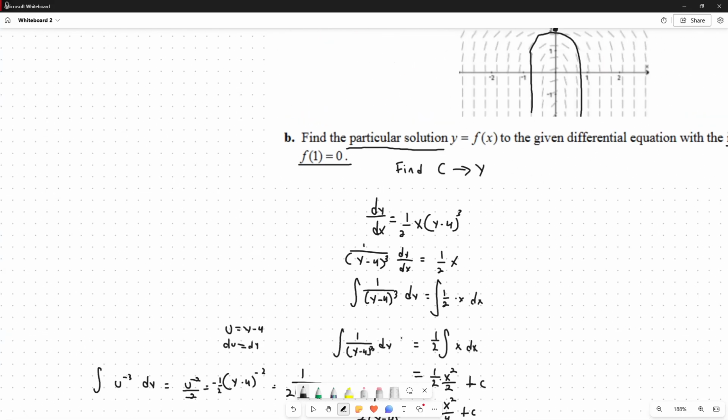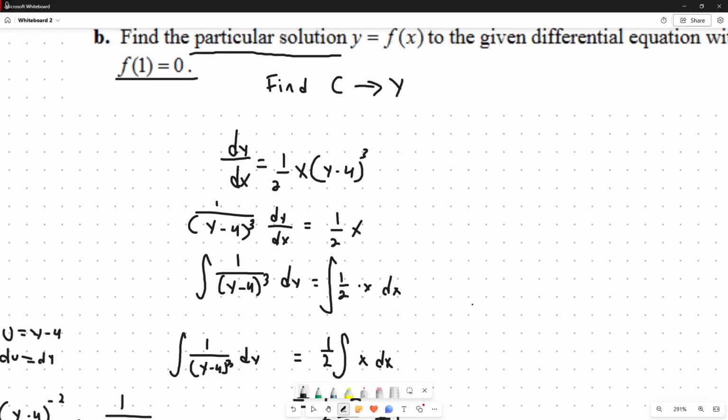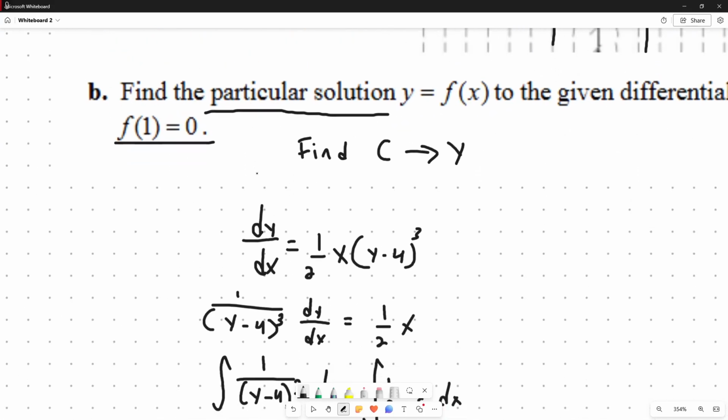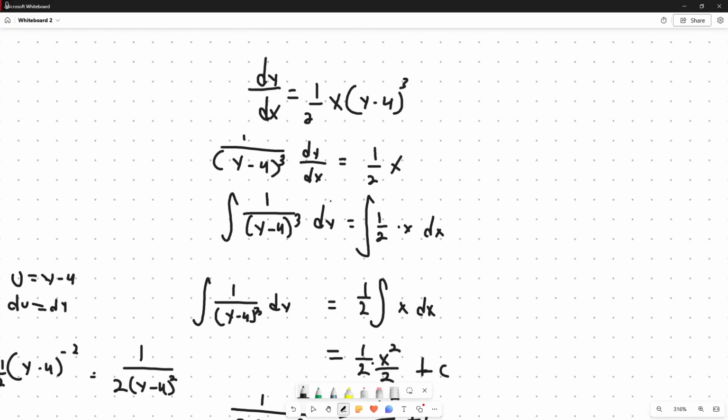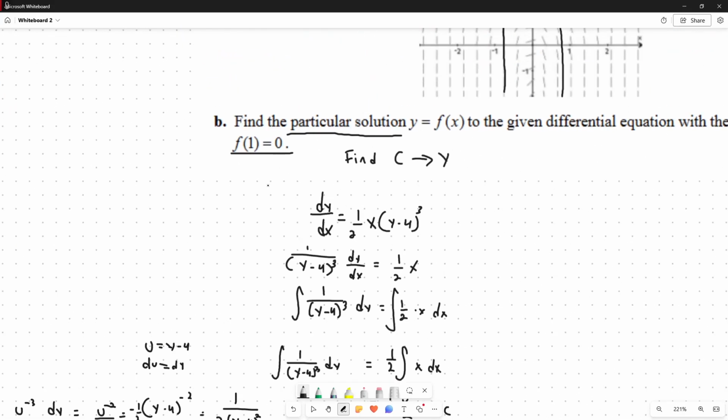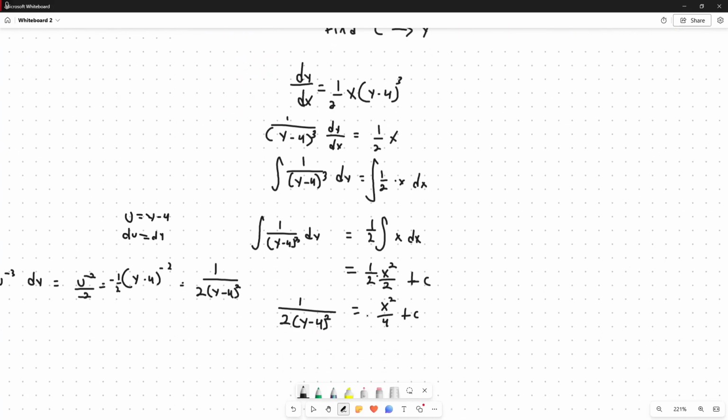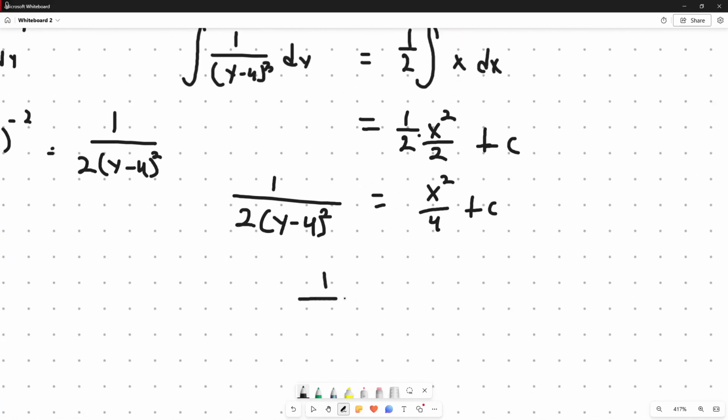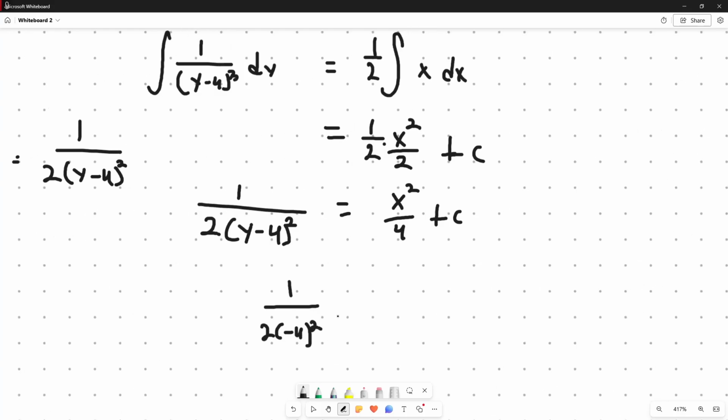And then, now is where we find c. So it says f of 1 equals 0. So all we got to do is replace our y's with 0 and replace our x's with 1. So you get 1 over 2 times negative 4 squared, which equals 1 over 4 plus c.